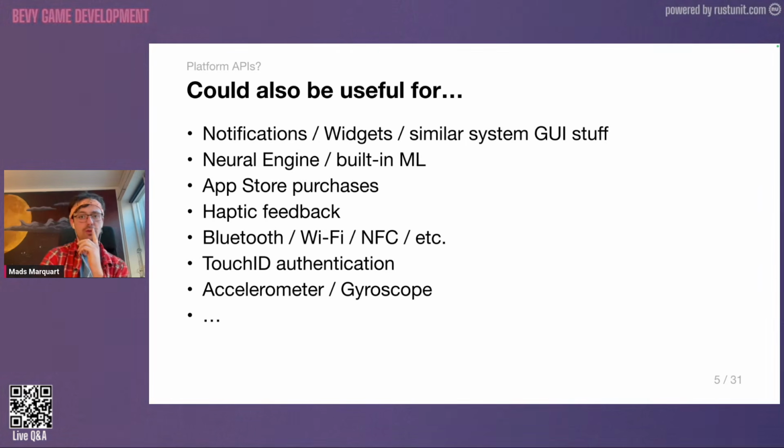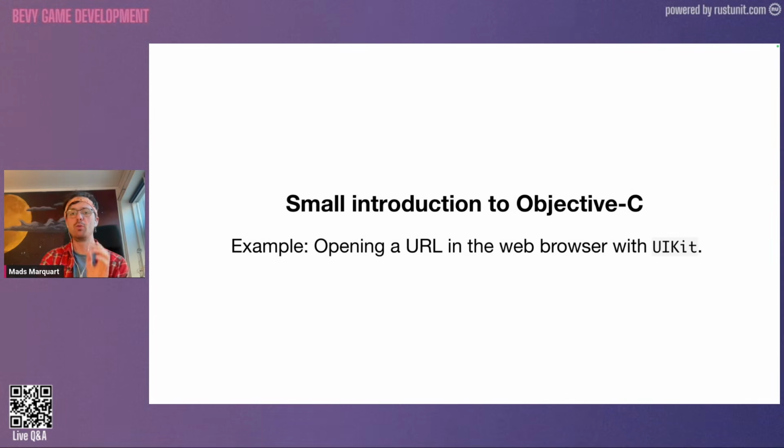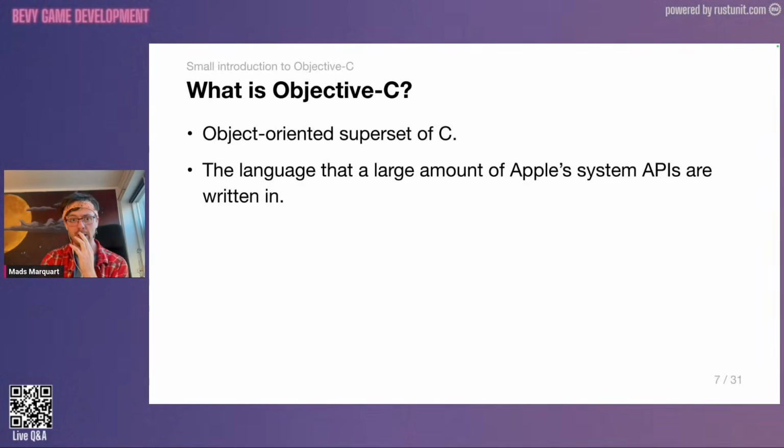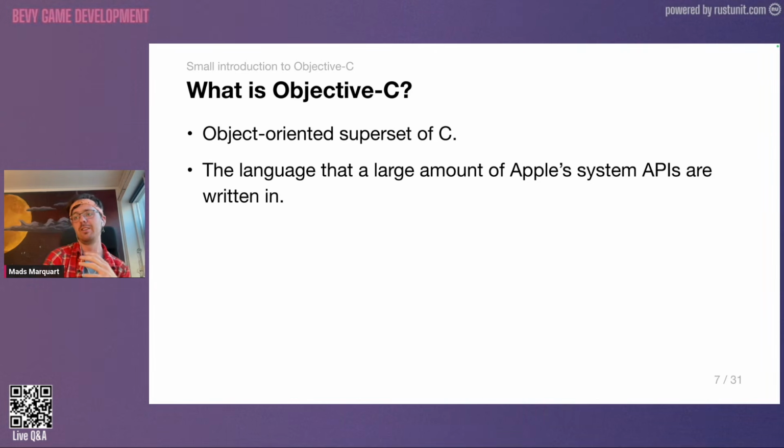Okay, so that's the scene. We want to know about the platform APIs. Well, this is the platform APIs. It's Objective-C a lot of the way. So a quick introduction to this. It's a superset of C that's object-oriented, and it is what everything on Apple platforms is written in.